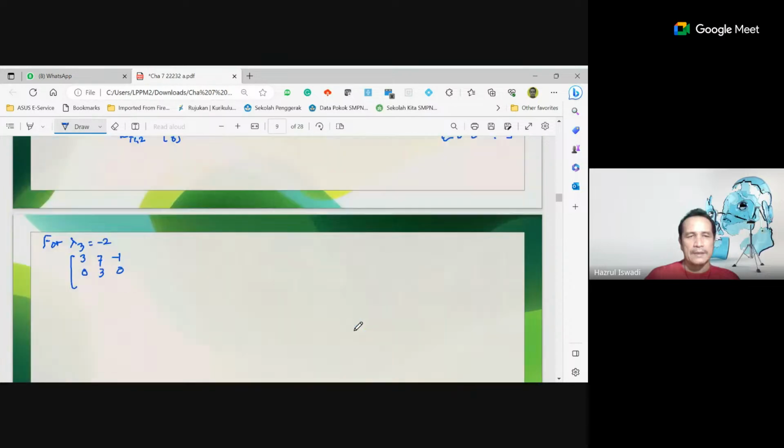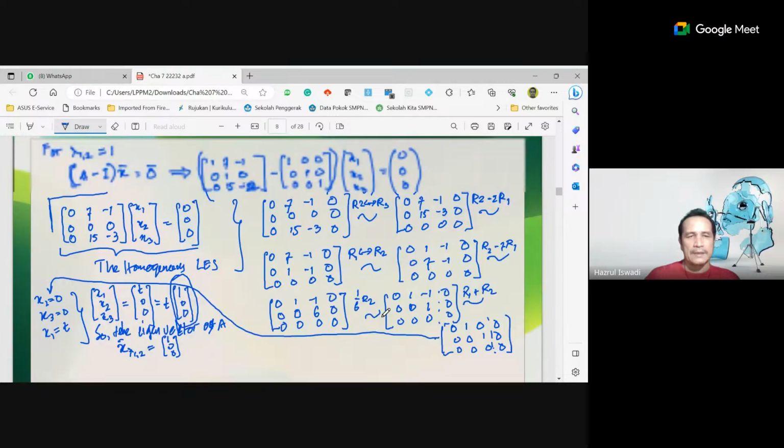So this is 0, 15 and 0, multiplied by x1, x2 and x3, and this is equal to 0, 0, 0.